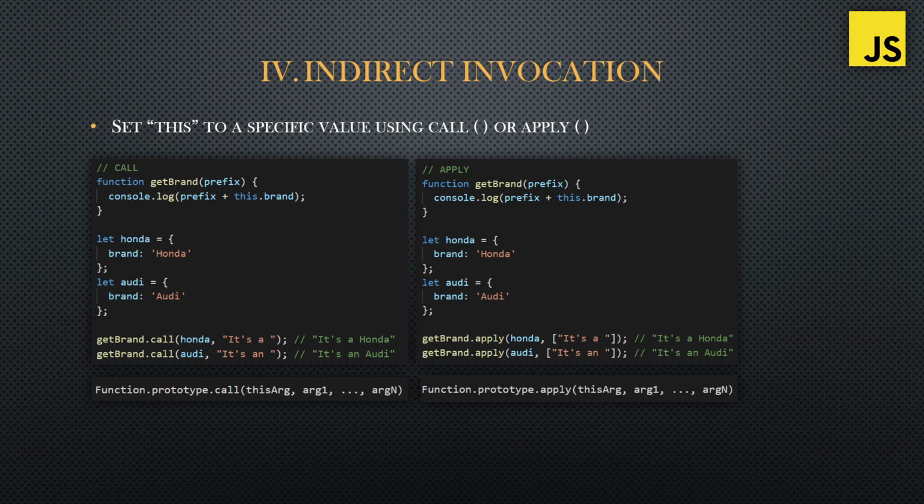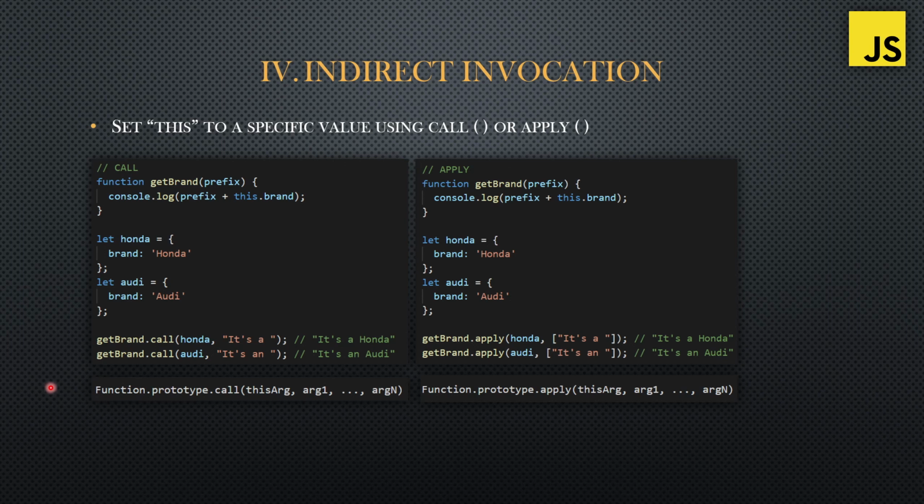Then in the fourth context with an indirect invocation, you can set this to a specific value using built-in functions such as call or apply. Here you have the first example with the call function. You have a function getBrand and then two objects, Honda and Audi.